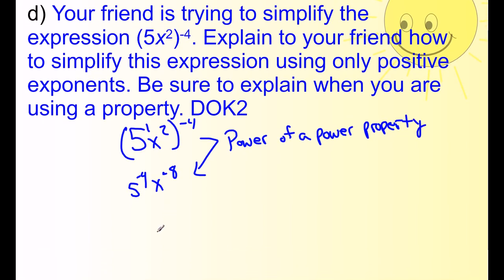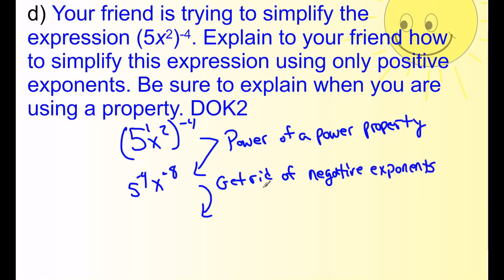Now, because we don't want any negative exponents, we need to get rid of them. To do that, we're going to use the negative exponent property, which tells us if you have a negative exponent and you pass it over the fraction bar, it becomes a positive exponent.